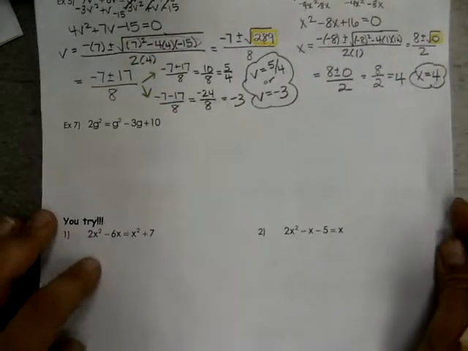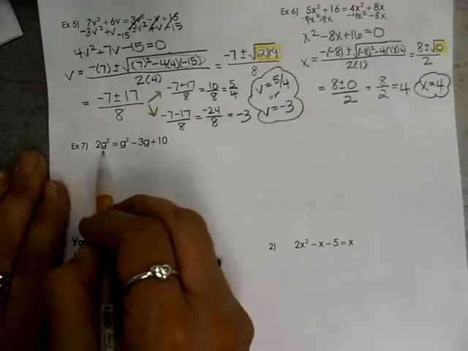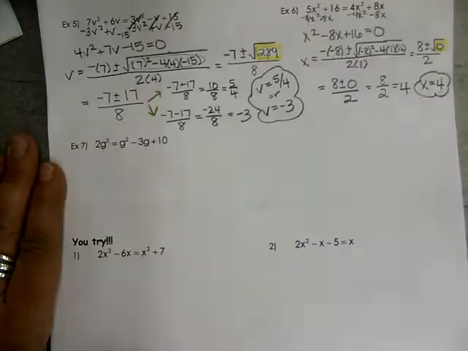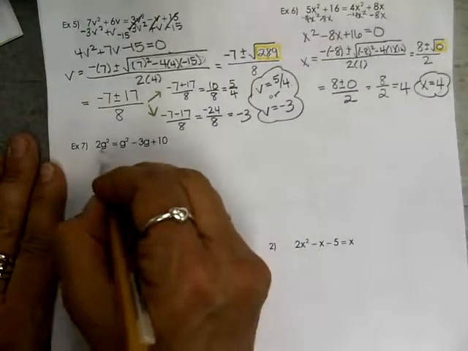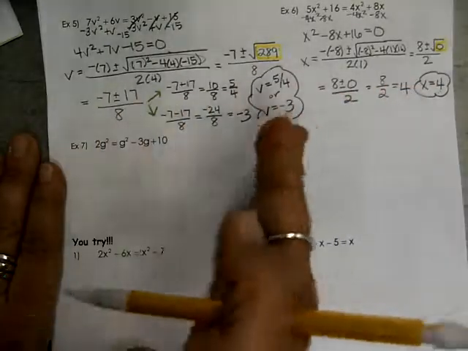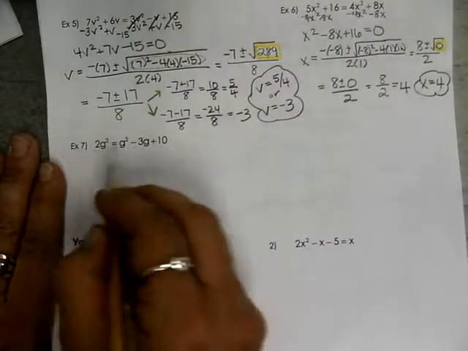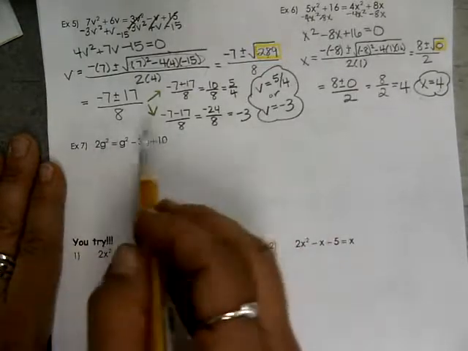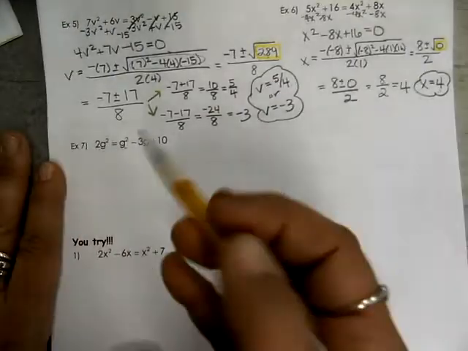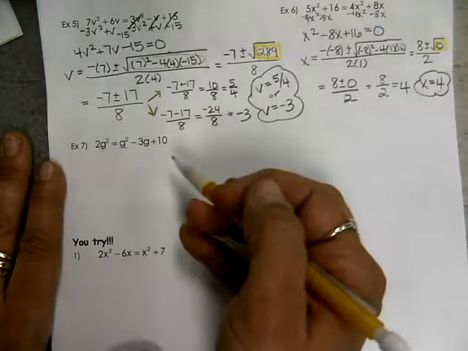Let's do one more. Example 7. We have 2g squared equals g squared minus 3g plus 10. You can for sure move the 2g squared to the other side. I just always like to try to keep the square term, the a value, positive. And if I subtracted 2g, I'd end up with a negative. You can do that, and when you simplify, you should still get the same answer.